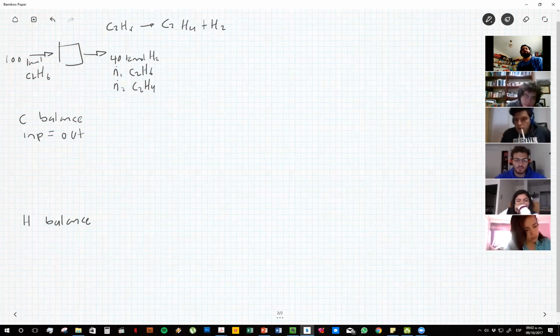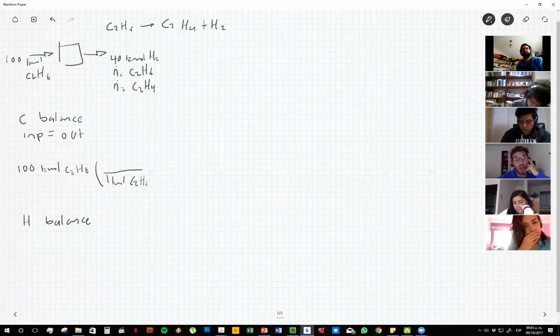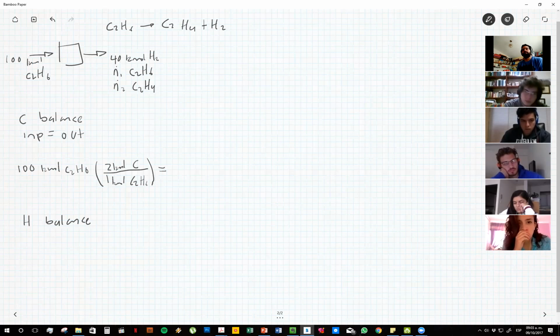So in the input we have 100 kilomoles of C2H6, right? And we need to calculate the amount of moles of carbon in this case. So we have to do the relation. For each kilomole of C2H6, we have 2 kilomoles of carbon, right? And that has to be equal to the amount of carbon in the outlet. Hydrogen, of course, doesn't have any carbon, so the carbon is in the C2H6 and the C2H4.